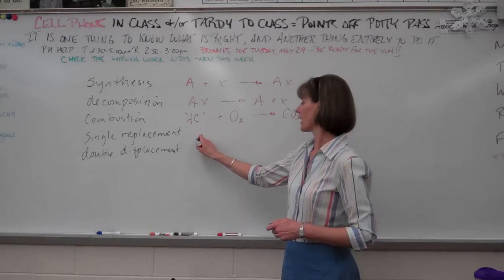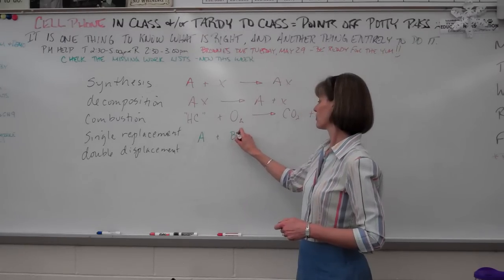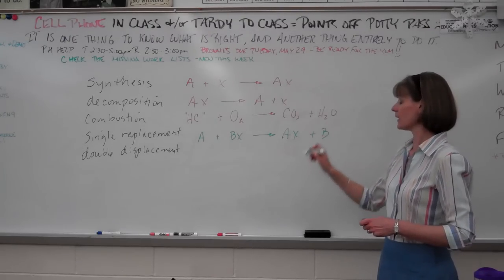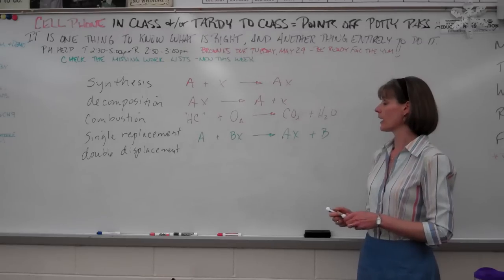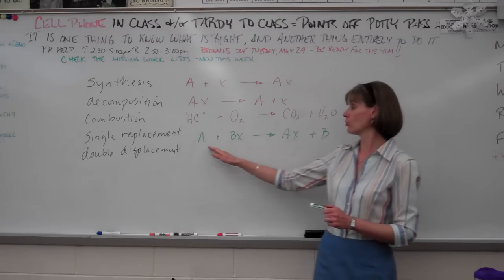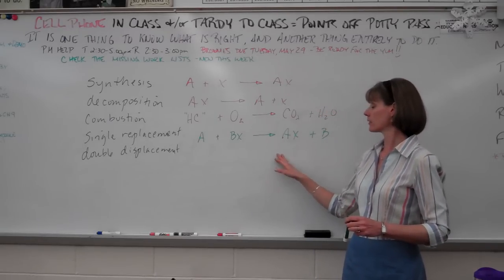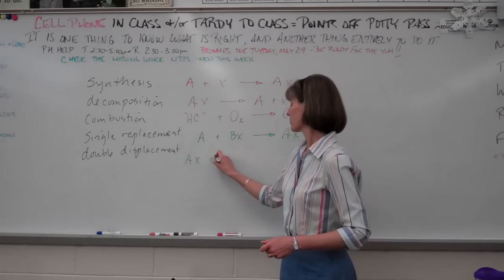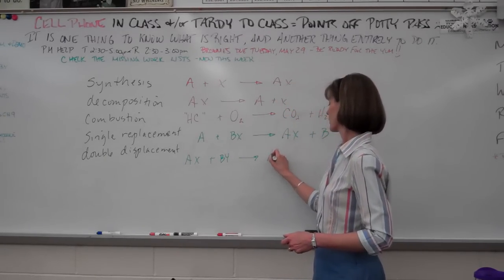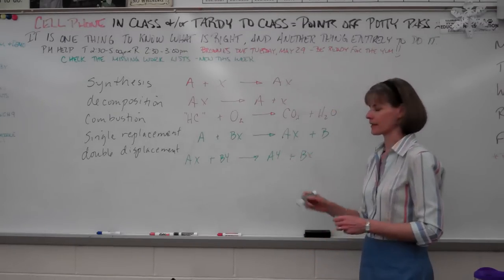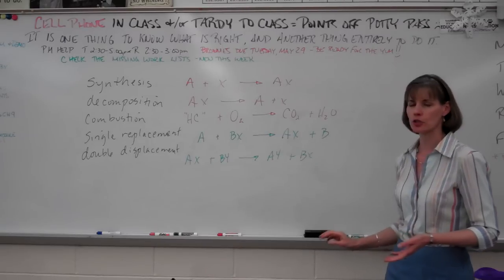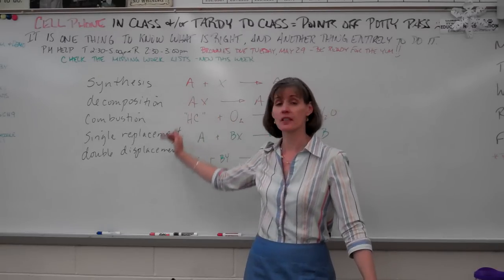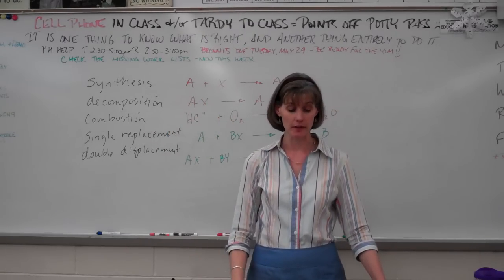Single replacement, we have element A and compound BX forming compound AX and element B, or we could have a halogen replacement where a new nonmetal comes along and replaces the second element. And of course, a double displacement, AX plus BY forms AY plus BX. These are typical letters that are used to show you the general format. And you need to be aware of them. You need to know what happens in each kind of reaction for several questions on this test.